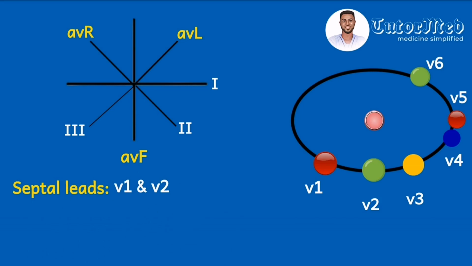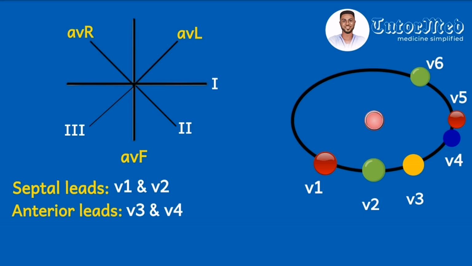The anterior leads are V3 and V4. Now, in my previous videos, remember I mentioned that a few literature consider V2 also as an anterior lead. But please understand that majority of the reviewed literature consider V1 and V2 septal leads and then V3, V4 anterior leads.